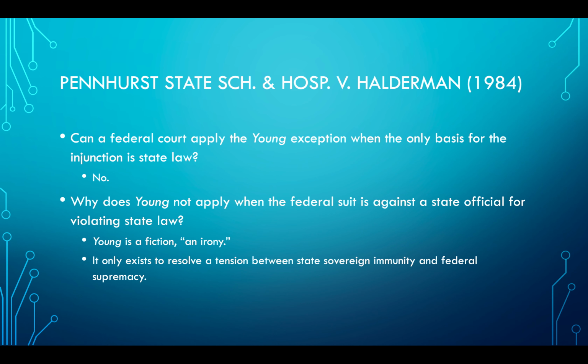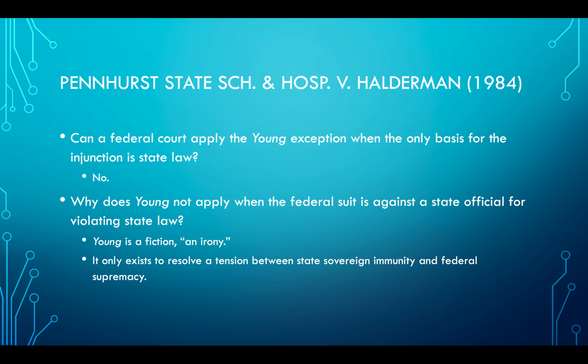So we have state sovereign immunity, and we have the issue of federal supremacy, because of course federal law, like copyright law, is supreme to any state law. So how do we reconcile that? In Pennhurst, the court says that, well, Young is a fiction, but Young was developed in an attempt to reconcile these two competing principles: that states are sovereign and therefore their immunity should be recognized in federal court, and at the same time, federal law is supreme to state law.